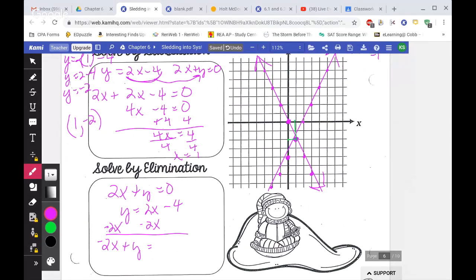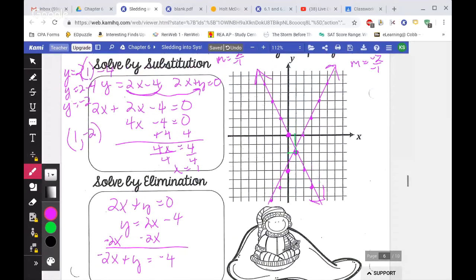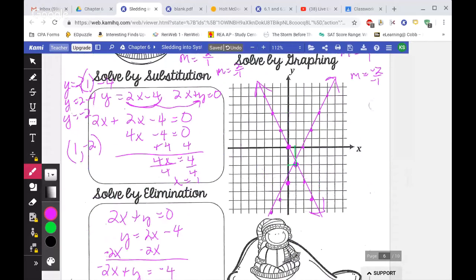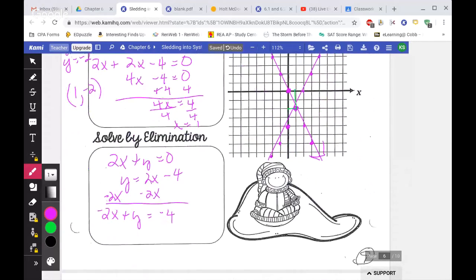Negative 2x plus y equals negative 4. And then I have 2x plus y equals 0, because you've got to line them up.